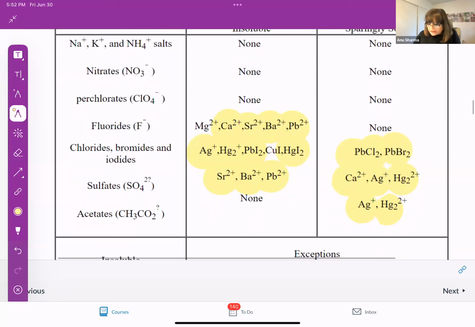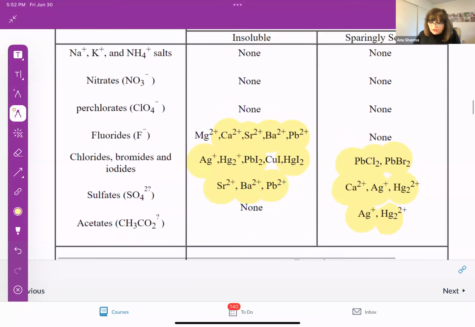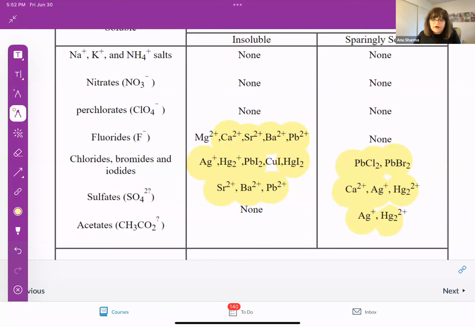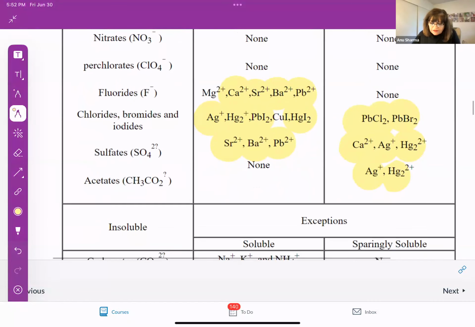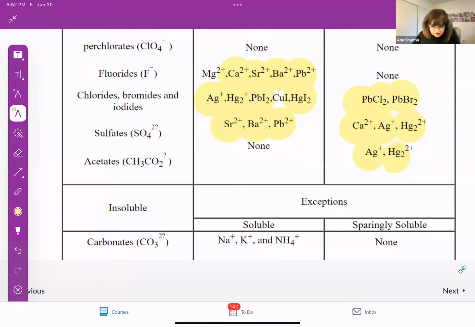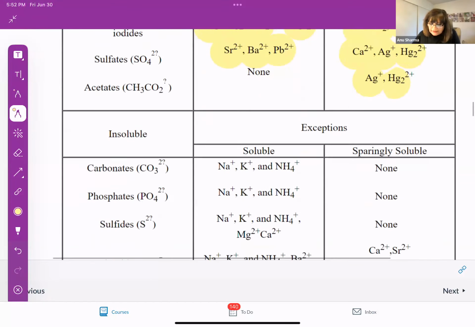So you need to just look at this table and go from there. But at least from your memory, Castro bar in the mol means barium, strontium, calcium, mercury, silver, and lead are always going to be either completely insoluble or partially insoluble, but it will be insoluble. So if the question is asking whether it is soluble or insoluble, we'll just consider them as insoluble.